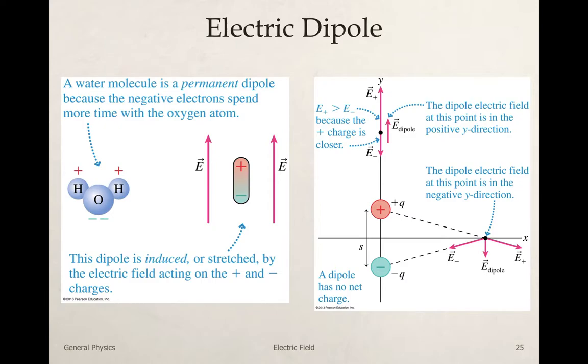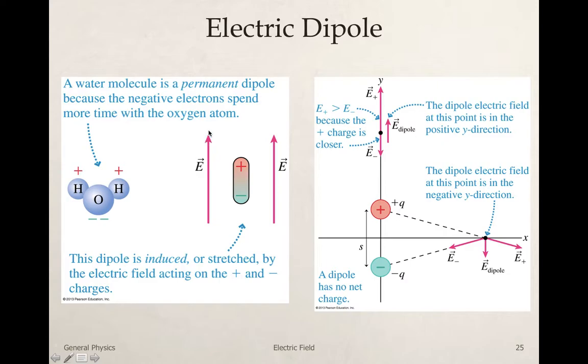So an electric dipole is a combination of two charges. We can see here that water is an example of a dipole, and I can represent this dipole as a negative charge and a positive charge together. What happens when I take that dipole and put it in my electric field, and my field points this way?